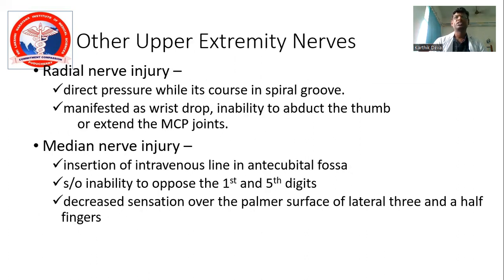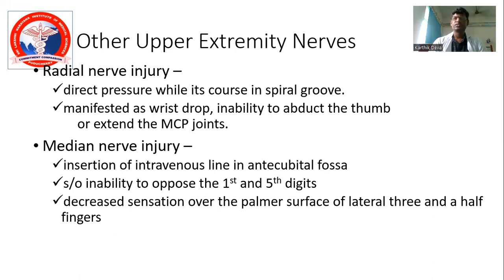Other upper extremity nerves. Radial nerve injury mostly occurs due to direct pressure while it goes in the spiral groove. It manifests as wrist drop, inability to abduct the thumb or extend the metacarpophalangeal joints.